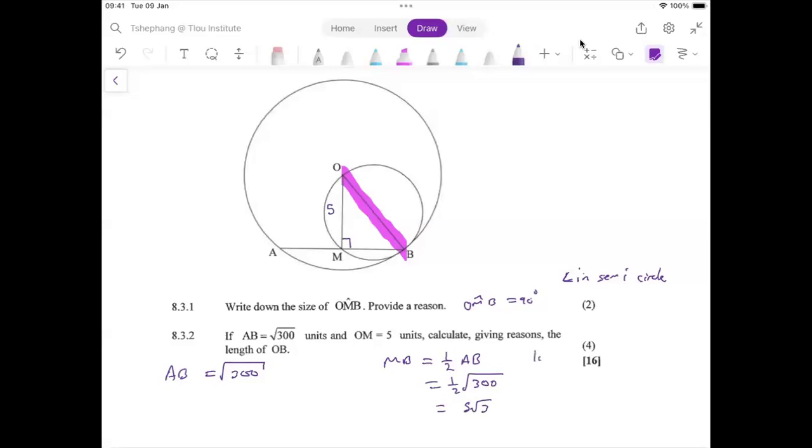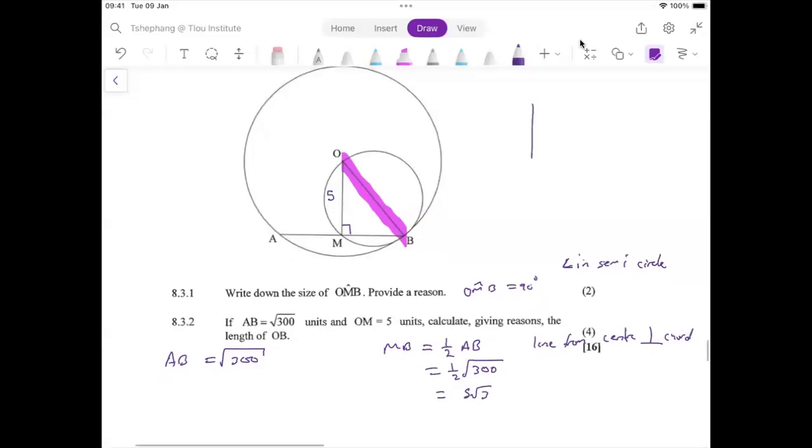For this, we can use line from center is what is perpendicular to the chord. Now we're winning because we have a triangle that is 90 degrees. Then we have MB as 5 root 3. We have OM as 5. And we're looking for OB.